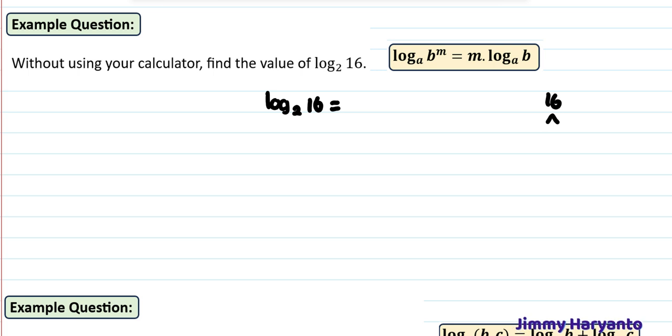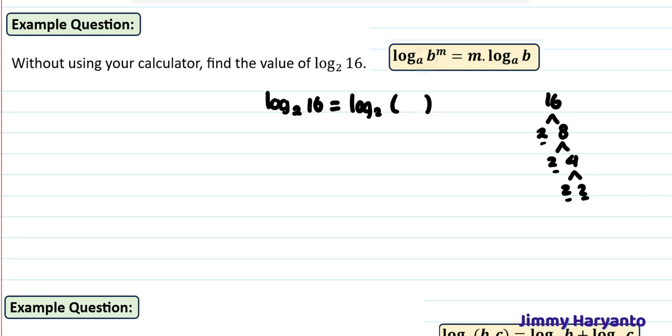You will do it like this: divide by 2, divide by 2, divide by 2 and divide by 2. See, we have 1, 2, 3, 4, four 2's. That means you can change the 16 into 2 to the power of 4. After that we can use this property: if you have powers, you can move it to the front.